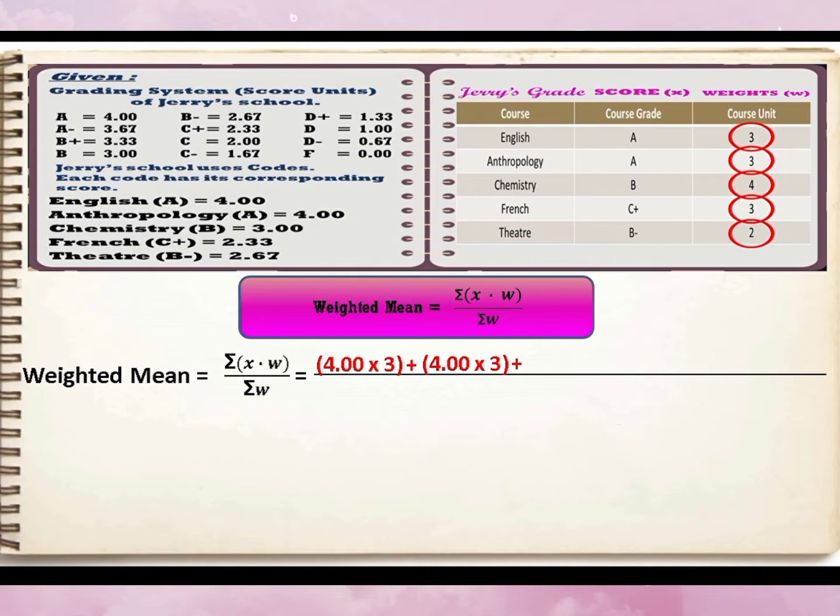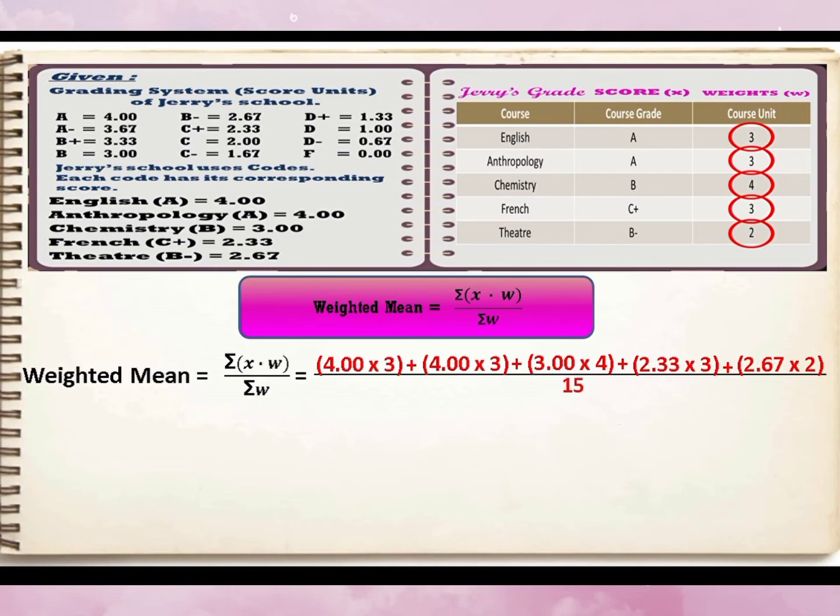The third term is Chemistry with 3.00 times 4 as its course unit, plus the fourth term is the French subject with 2.33 times 3 as its course unit, and the last, fifth term will be Theater with 2.67 times 2 as its course unit.